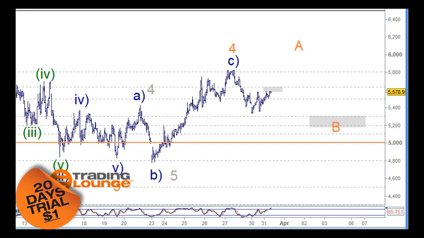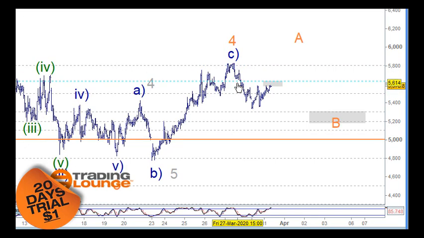One of the things here is that we have a five-wave move down through this section. If that's the case, then we would look for an A, a B and a C wave coming back into this box.